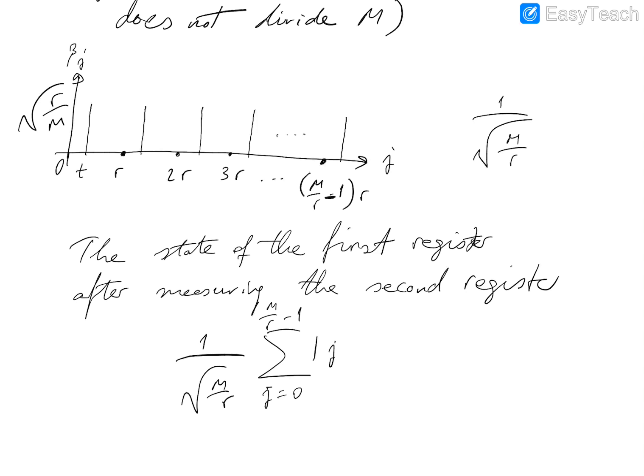So we have multiples of r plus some offset.